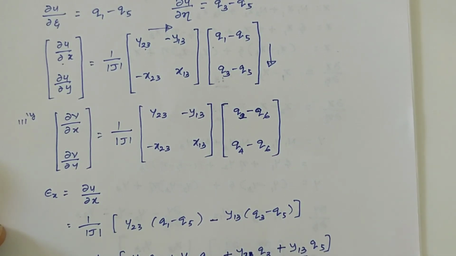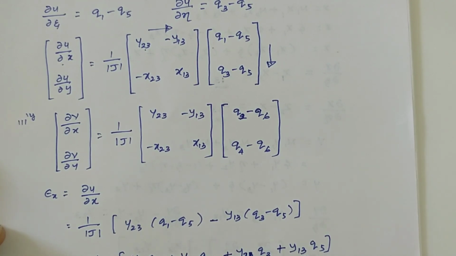We know that y32 is nothing but y3 minus y2, and y13 is nothing but y1 minus y3. So plus y3 minus y3 will be cancelled, and we will be left with y1 minus y2, which can be represented as y12.